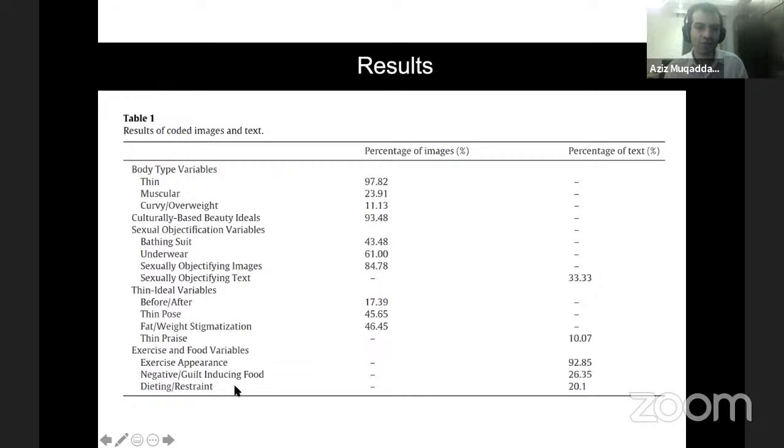And about dieting with friends, through textual messages, only 20% of the images or the text fall into that category. Okay. So this is a classic quantitative content analysis. The point is to summarize the content in numerical terms.